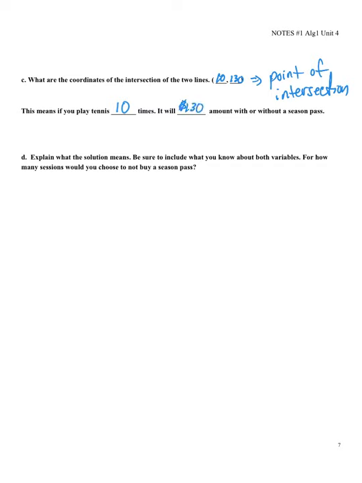All right? And then the last one, part D, asks you to get a little more detailed, okay? What exactly does this mean? Well, I always say the solution 10 is the even point, okay?